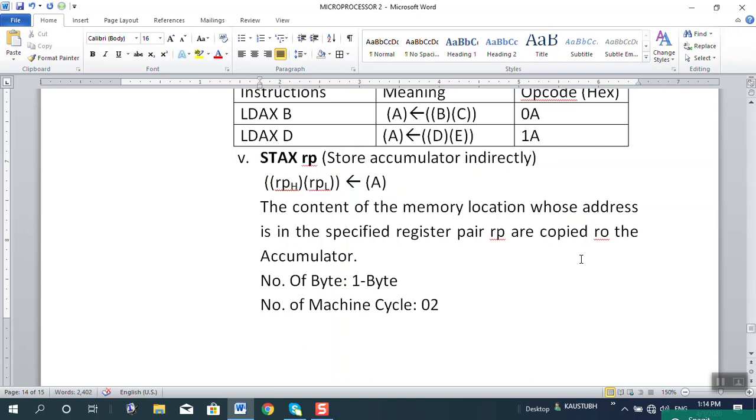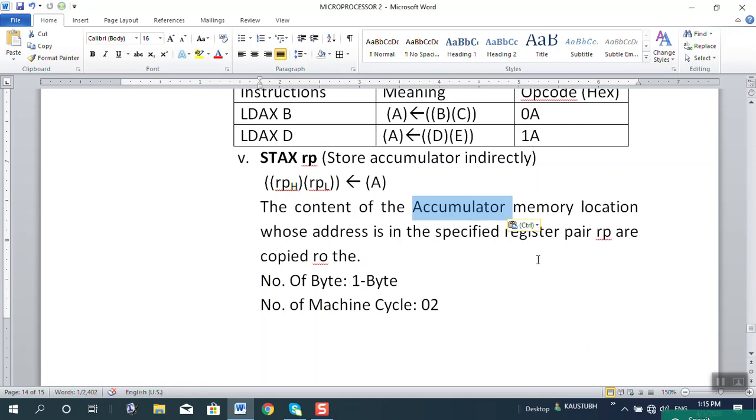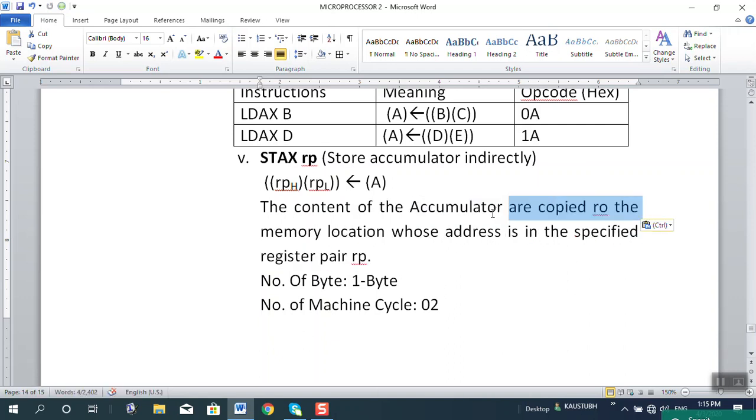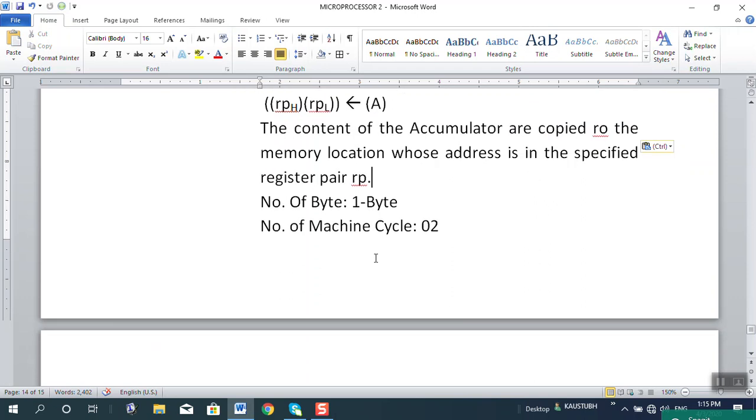The content of the accumulator is copied to the memory location whose address is in the specified register pair RP.